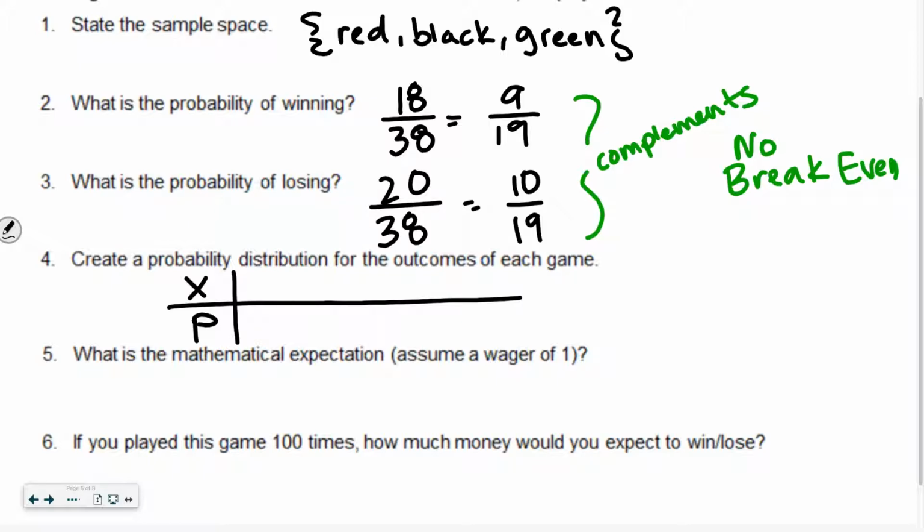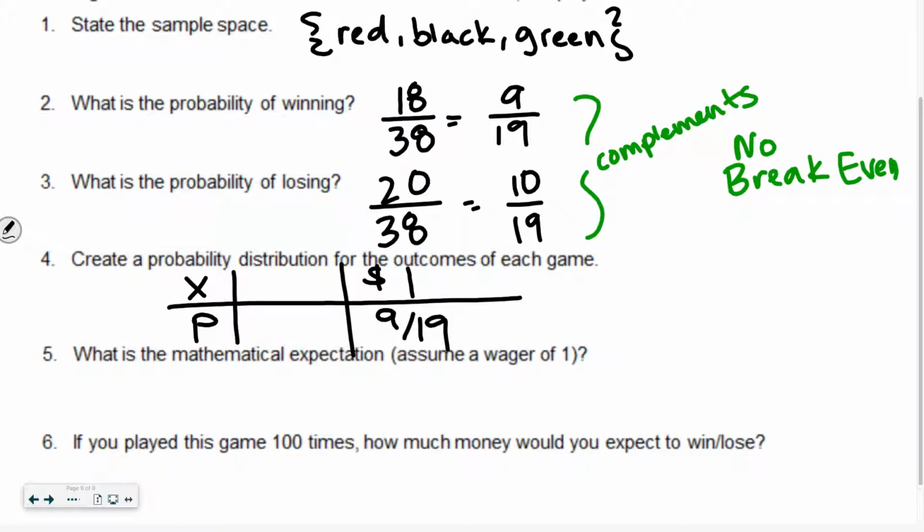What do I walk away with? I walk away with $2, but what do I walk away with compared to what I came with? $1. It's a plus 1. So one value in this game is plus 1, and that's when it lands on red, which we know its probability is 9 out of 19. What's the value to me, the player, when I land on black?